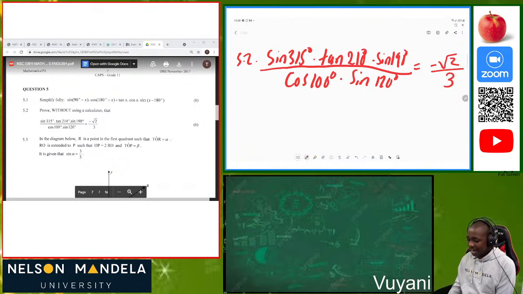So we have to prove that our left hand side is equivalent to the right hand side. This is nice.